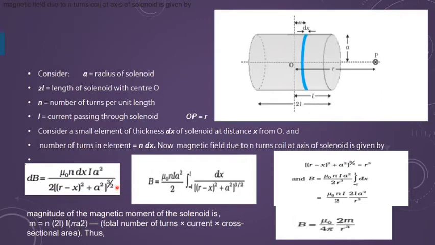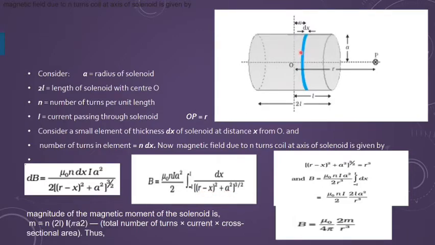And if I wish to take the magnetic field for the whole solenoid, I am integrating within the limit minus L to L. And all these terms, mu naught n I a square and 2, are constant and can be written out. Even this value can also be written out, r minus x whole square plus a square. Now this can be nearly considered, because if the radius of the solenoid is small, a can be ignored in comparison to r.